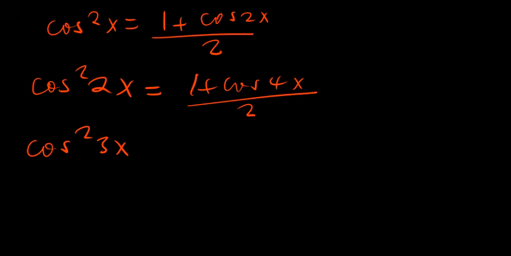What will happen? From what we have done here, what will happen? What are we going to have if I have got cos squared 3x? What are we going to have?